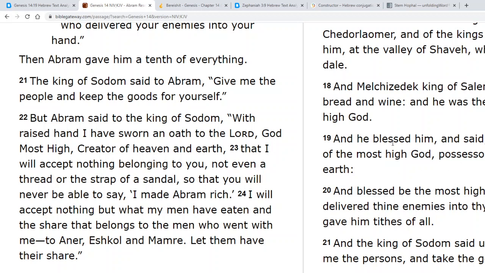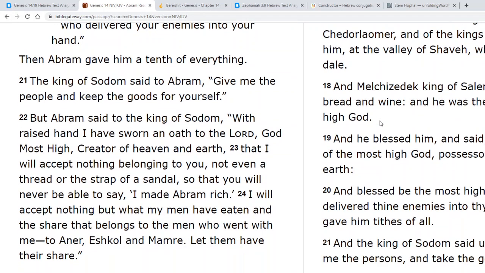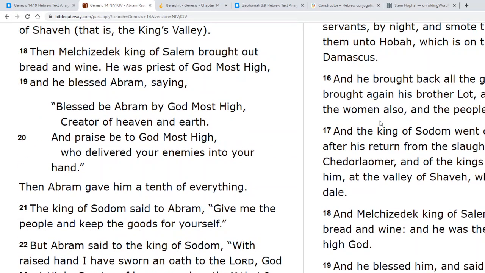I would say possibly it's just the prepositional lamed, to the Most High. We'll see. Okay. NIV: And he blessed Abram, saying, Blessed be Abram by God Most High, creator of heaven and earth. So they're translating liknot as creator here.